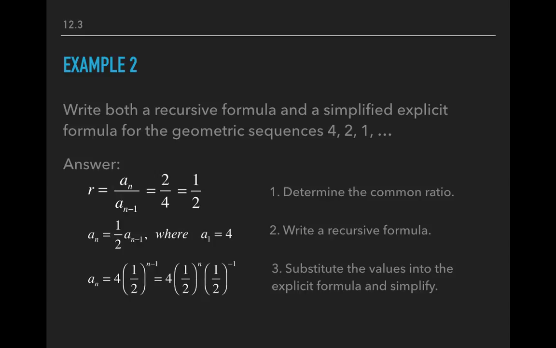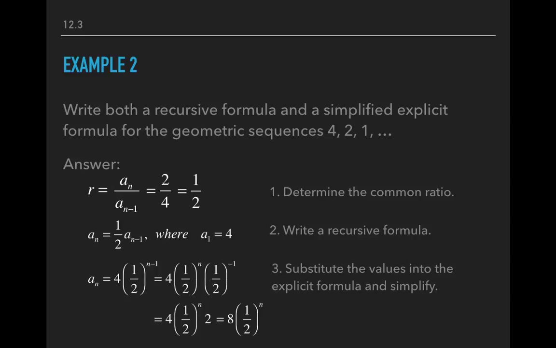Remember, if you have exponents, you can separate those as long as they have the same base. And if you take 1/2 to the negative 1 power, to get rid of that negative, you have to switch it. And so it would be actually 2. 1/2 to the negative 1 power is actually 2. You can pause this video and check that right now in your calculator. And we can simplify this even a little bit further and write 8, because 4 times 2 is 8.